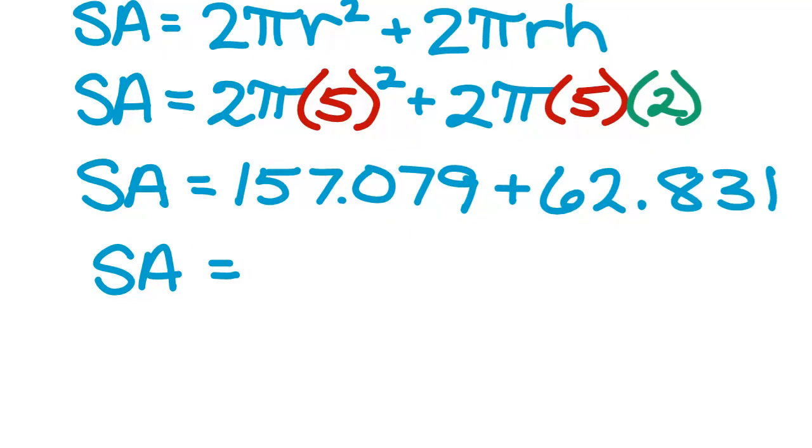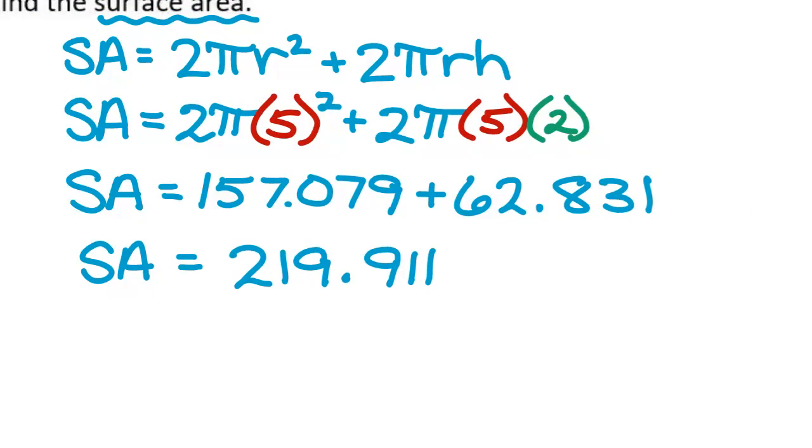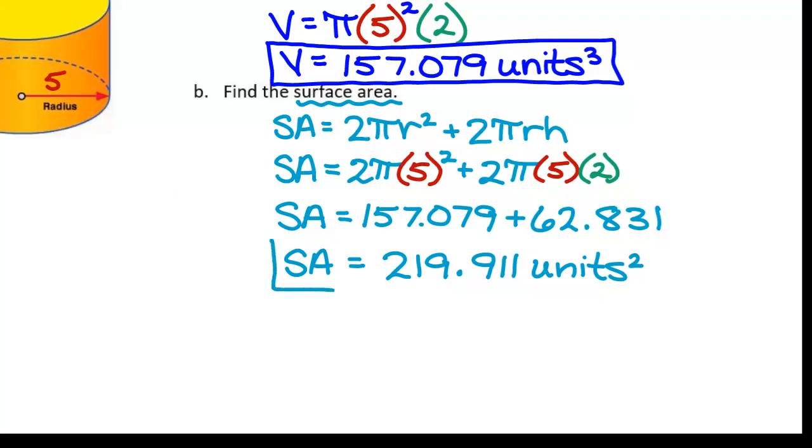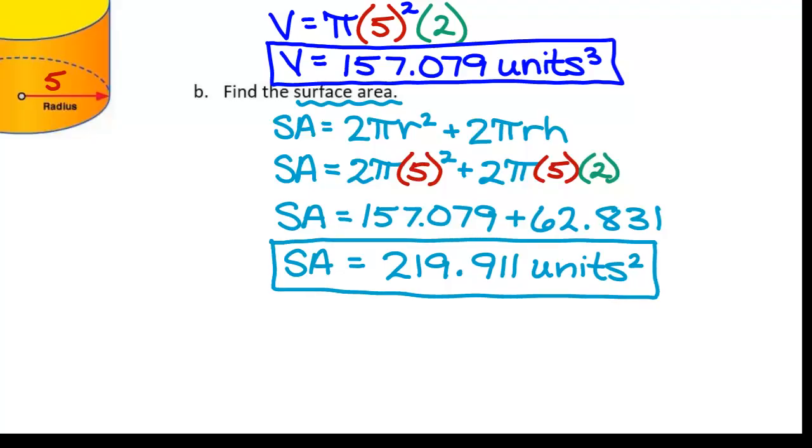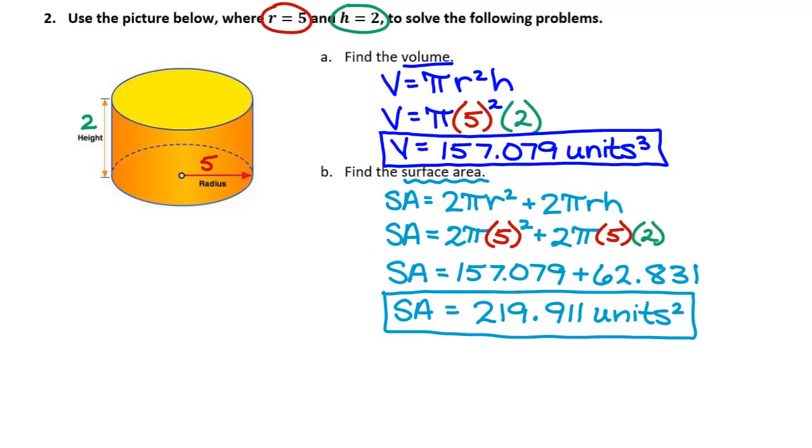And what do we have? 219.911 units squared. Wonderful. All right.